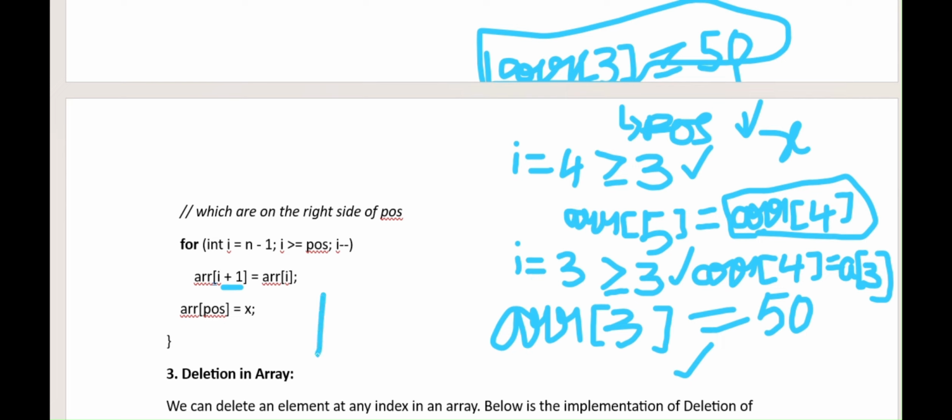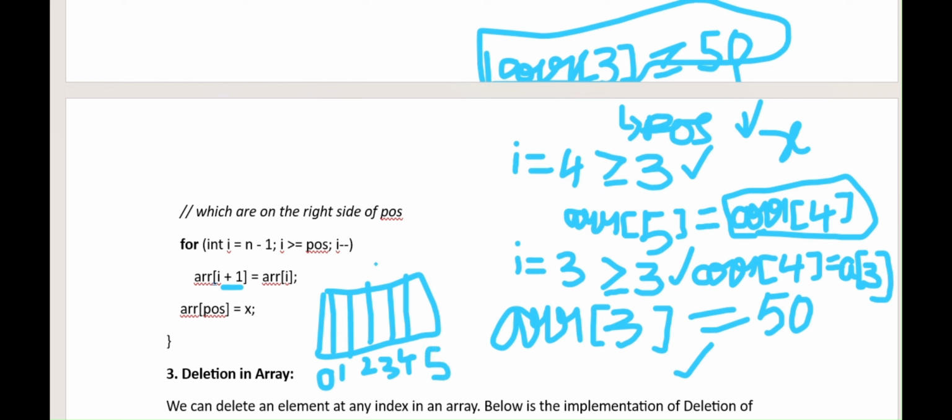For example, there is an array 1, 2, 3, 4, 5, and the index always starts from 0, so 0, 1, 2, 3, 4, 5. At the third position, we are going to insert the element 50.